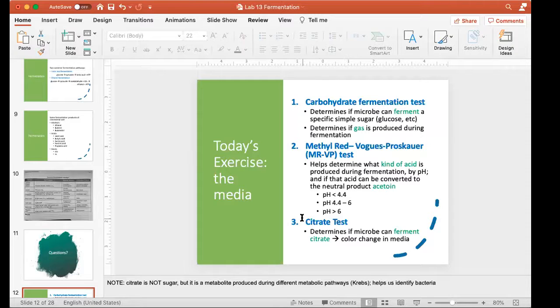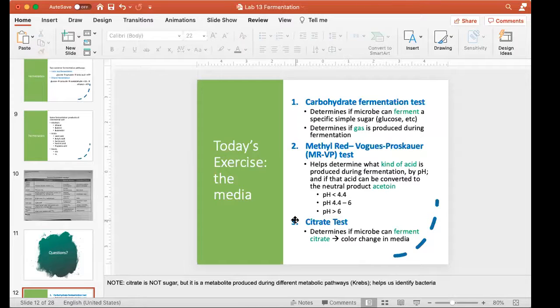Finally, we're going to look at a test called the Citrate Test. Now, this is an interesting test. This test is going to test whether or not a microbe can ferment a molecule called citrate specifically. And we're going to be able to see if it can ferment citrate because we're going to get a nice color change in the media. The important thing to know about the citrate test is this.